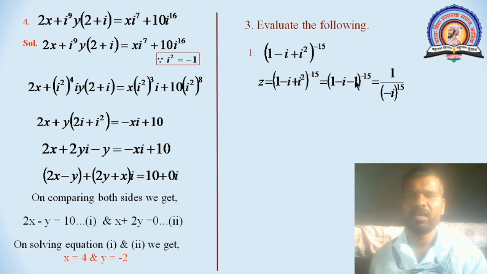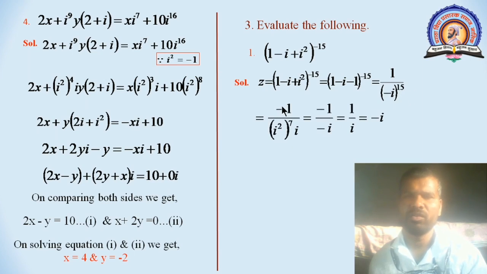Because i square is minus 1, plus 1 and minus 1 get cancelled. We get (minus i) raised to minus 15. So this will be equal to 1 upon (minus i) raised to 15. Negative power becomes positive when transferred to the denominator. A negative number with an odd power has a negative value. So (minus i) raised to 15 becomes minus i raised to 15. So the minus sign goes to the numerator.